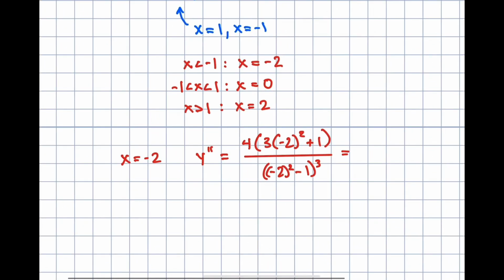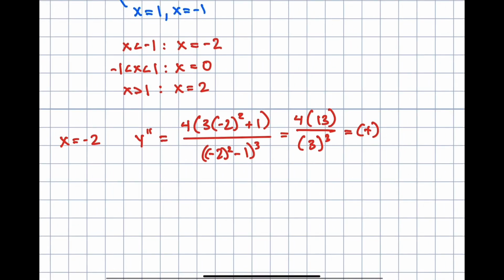On our numerator, that's going to be 4 times 13, divided by 4 minus 1, so 3 cubed. Now we don't even have to simplify this any further to determine that this is going to be a positive value because every number in our expression now is positive. So we're going to say this is positive, which indicates that our function is concave up when x is less than -1.